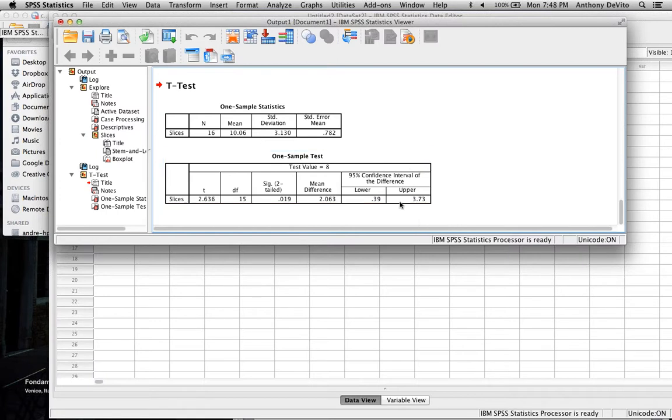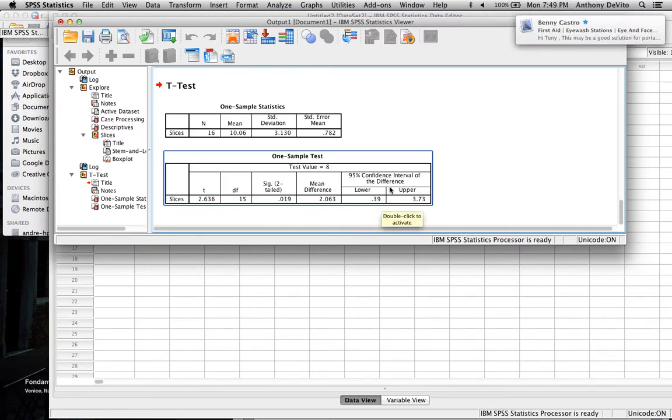Now here's where you can kind of apply the confidence interval. What they've done here is analyze the 95% confidence interval for the difference between Ben's and the other delis, right? If there's no difference, the difference should be 0, right?